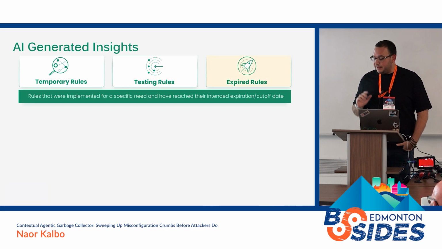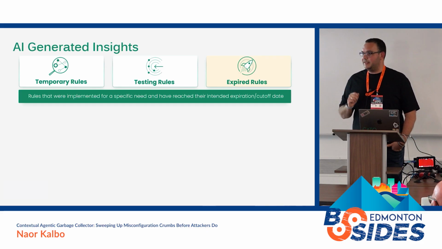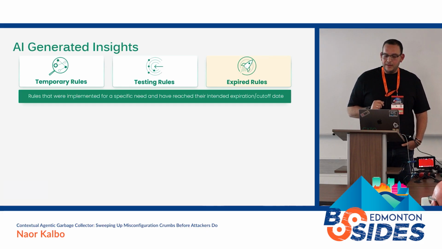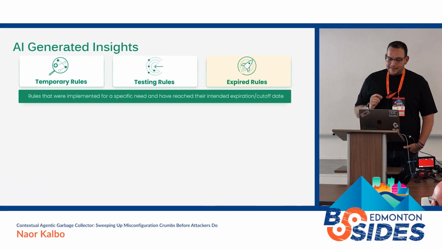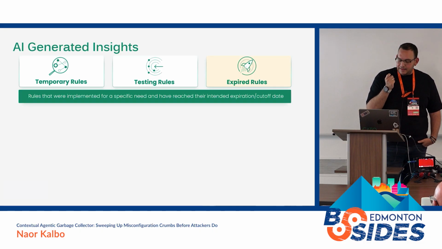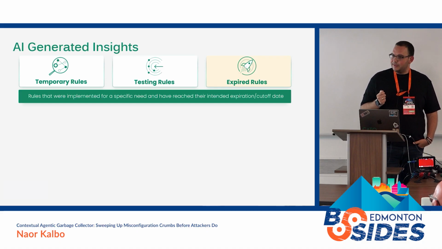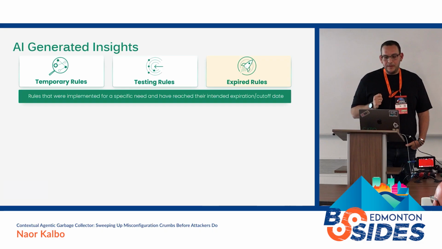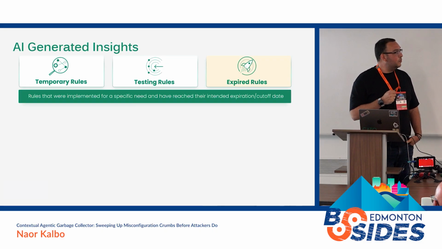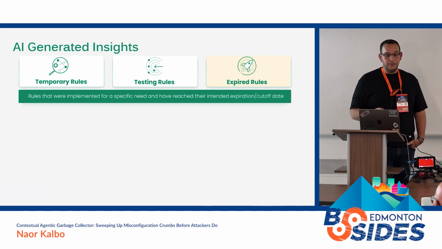The third type of insight, and in my opinion one of the most unique ones, is the detection of expired rules. These are firewall rules that we identify as they have a very interesting pattern in the data. Customers tend to create their own visual or textual indication to signal some desired, wishful cutoff date for the rule.